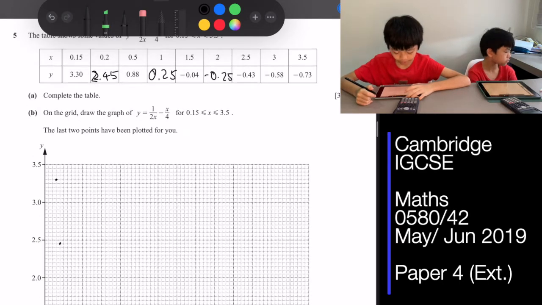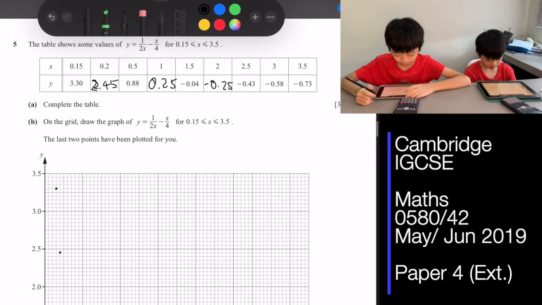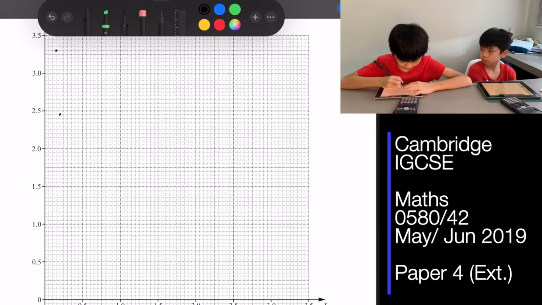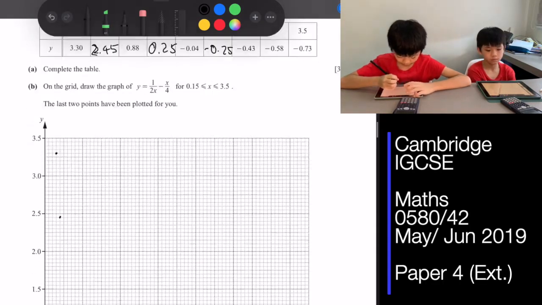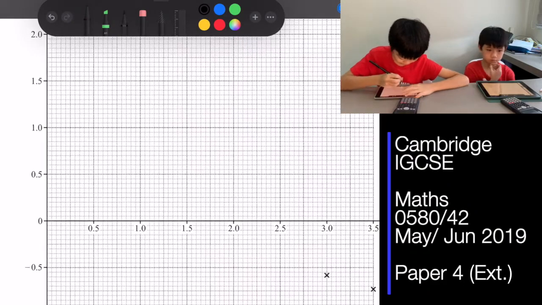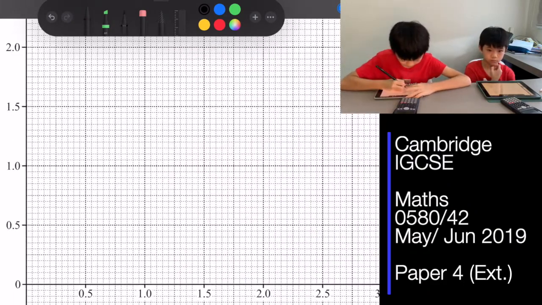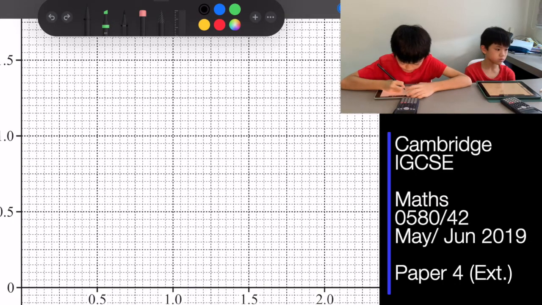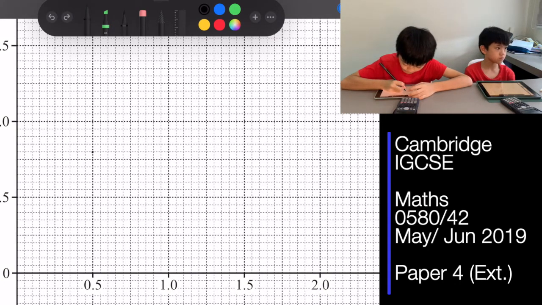Then when x is 0.5, y is 0.88, which is somewhere over here: 0.75, 0.8, 0.85.